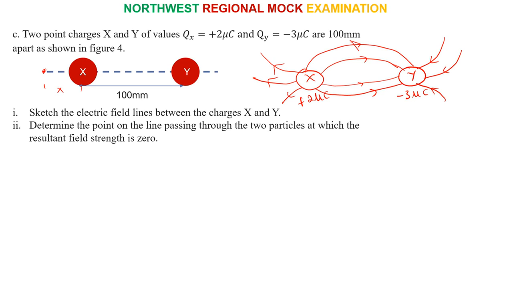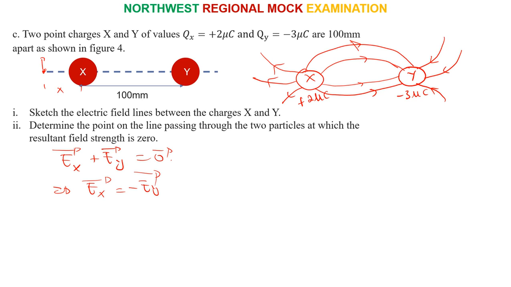For the electric field strength to be 0, the resultant electric field, that's E due to X plus E due to Y at the point, let's call that point P, should be equal to 0. So this means Ex should be equal to negative Ey.